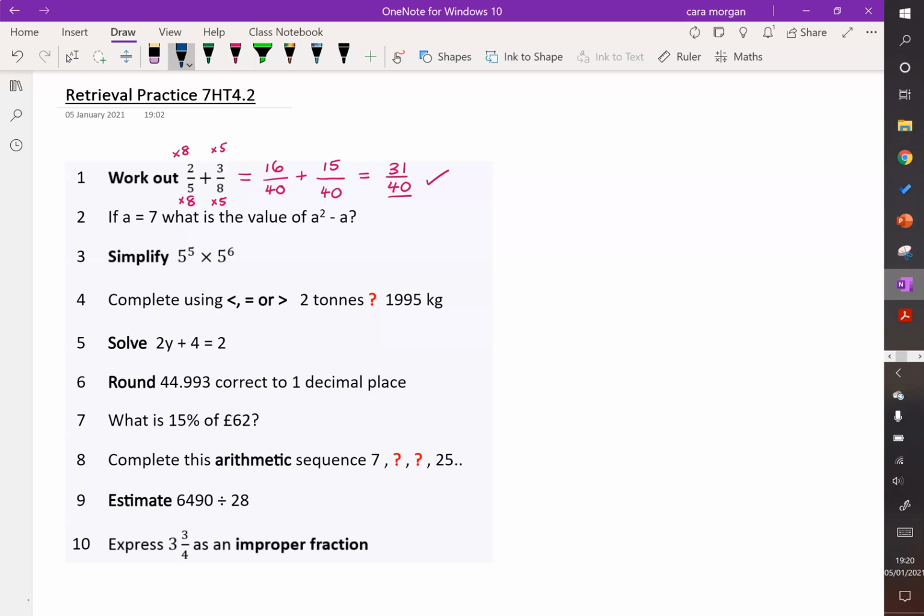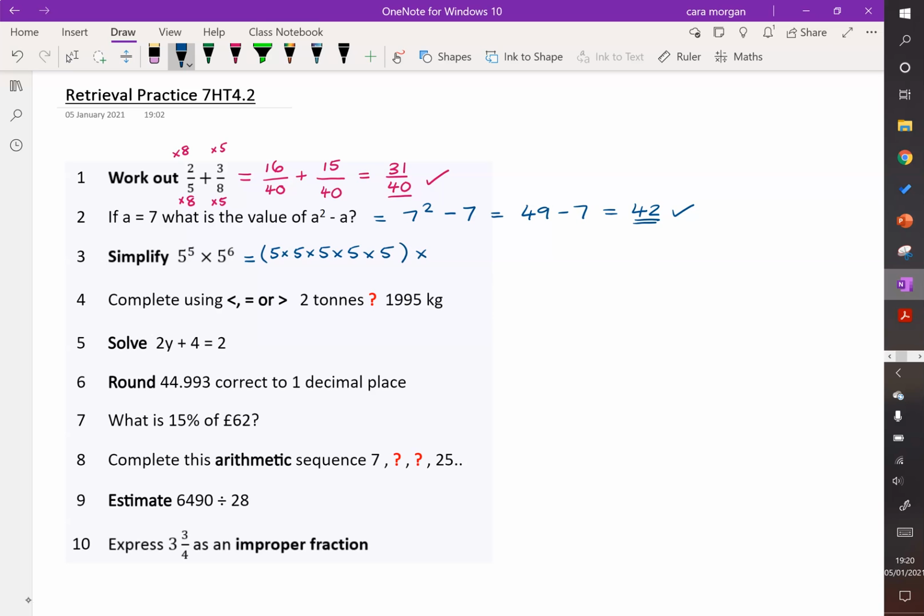Number 2. So a squared, I'm going to have 7 squared and then subtract my value of a, which is 7. That's 49, subtract 7, which is 42. The next one, well, if I've got 5 multiplied by itself 5 times, 1, 2, 3, 4 and 5.